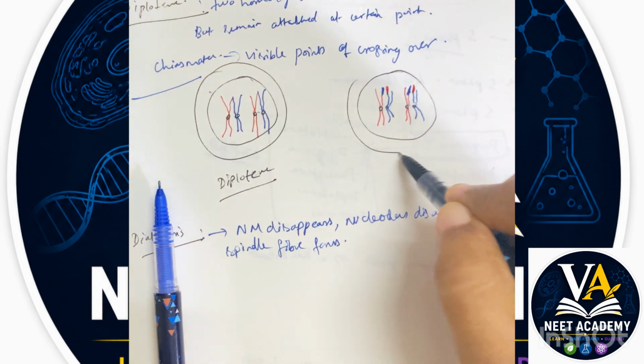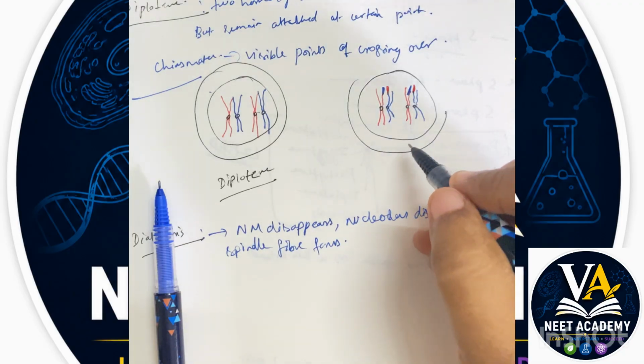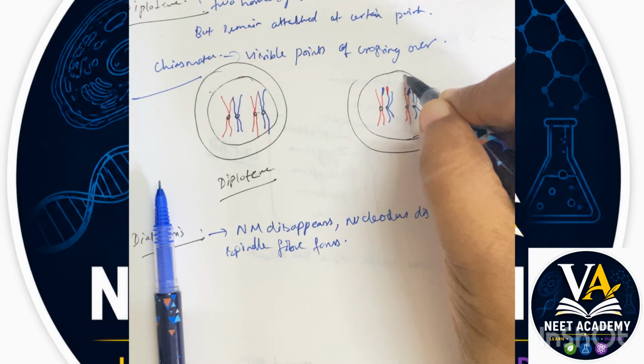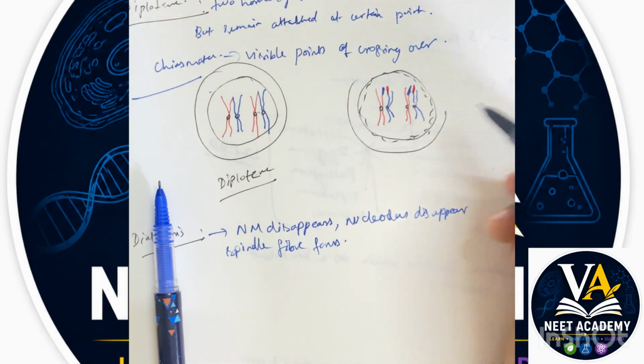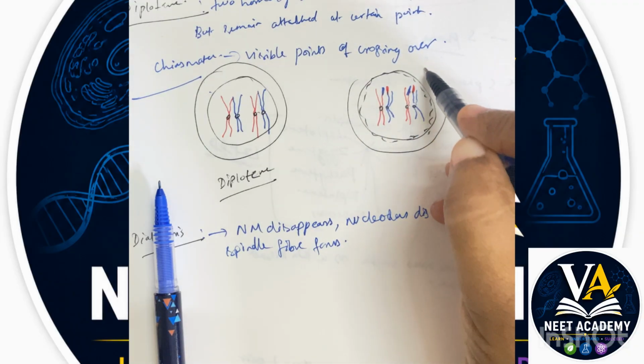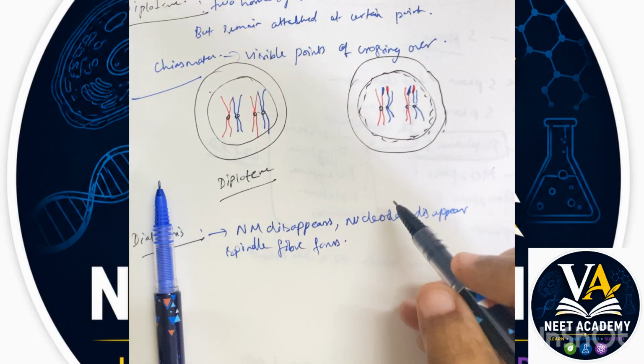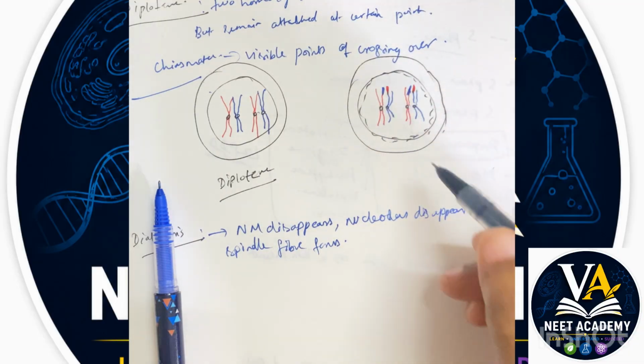In diakinesis, the nuclear membrane has to disappear, so I am drawing it in a dotted form. The nucleolus has already disappeared. This is the cell membrane, and the nuclear membrane has to disappear.